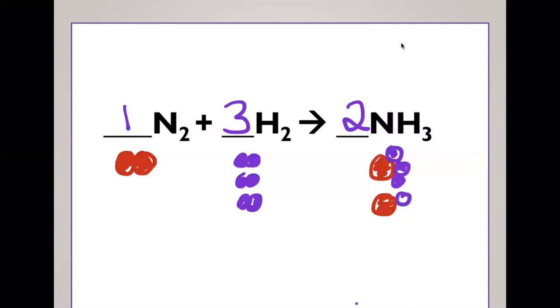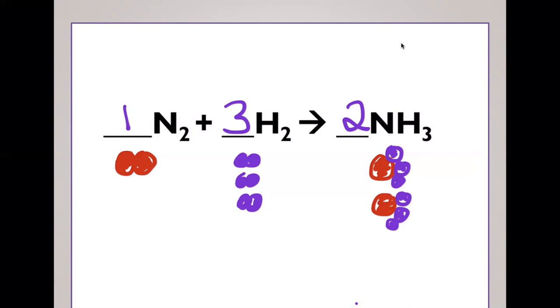Now we can think of it as individual counts, but realistically, when we are talking about reactions, we're talking about them on a very large scale. So these numbers, instead of representing 1, 3, and 2 individual molecules, represent 1, 3, and 2 moles of the molecule.